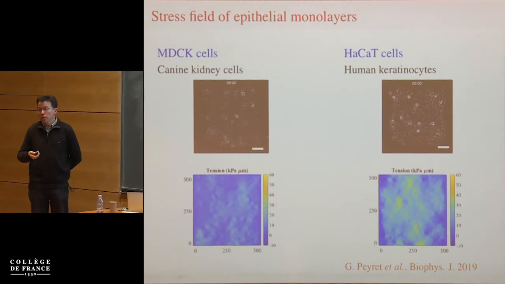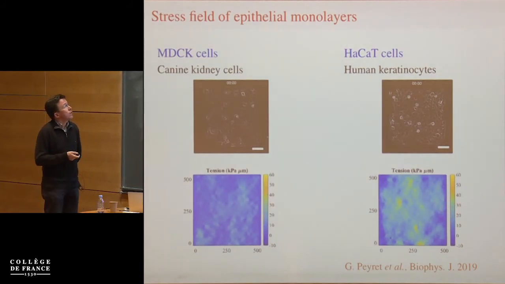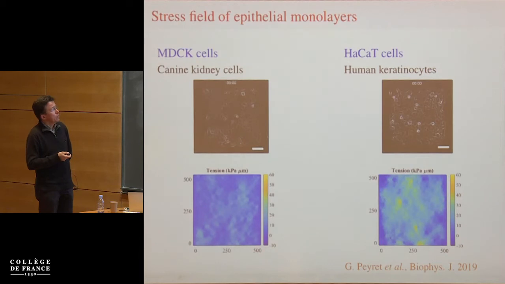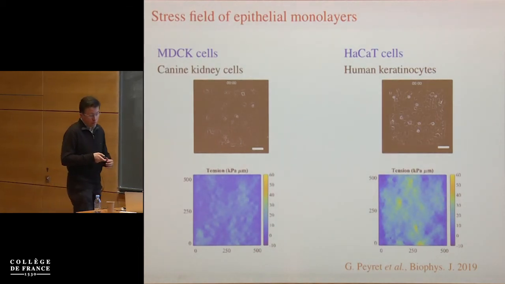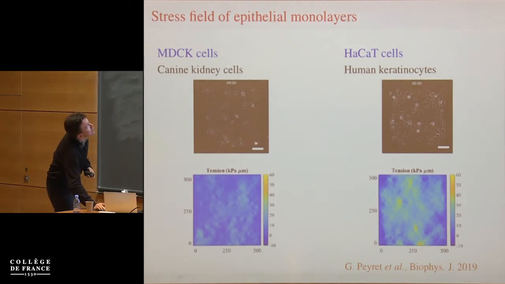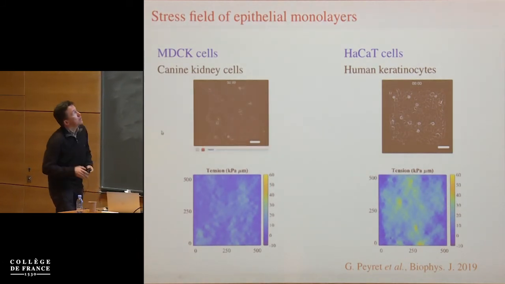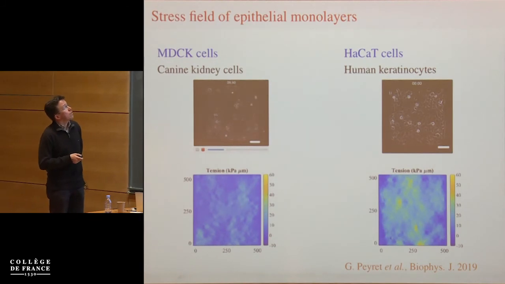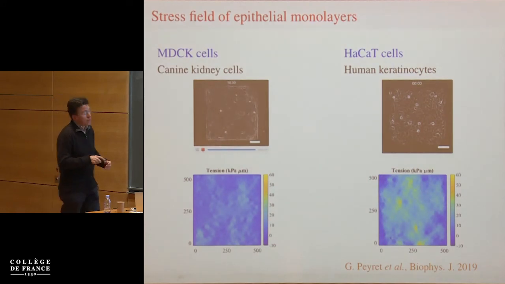Then, of course, we started using the method. And here I'm going to show you some experiments done by Grégoire Perret during his PhD, this time in square domains. These cells are the same as the ones used for the experiment in the ring.